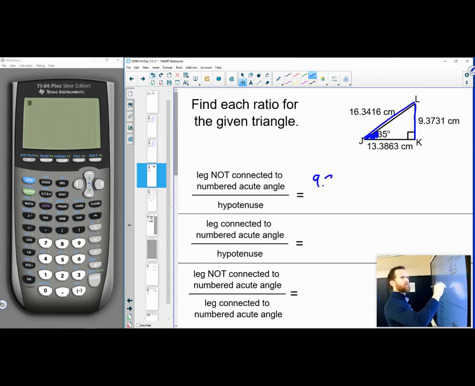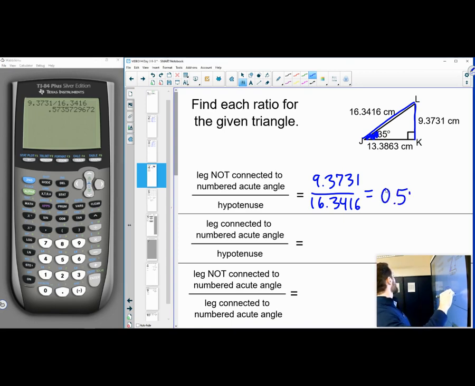So this time that's going to be 9.3731, and we divide that by 16.3416, and let's see what we get. 9.3731, divide that by 16.3416, and we get 0.5736 it rounds to. All right, next up, still using that numbered acute angle, is the connected leg to the hypotenuse.